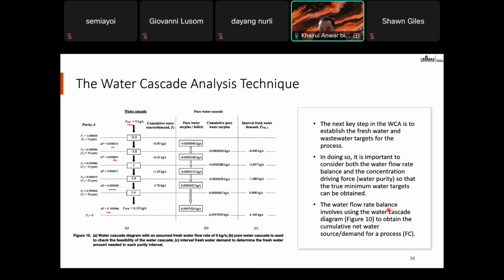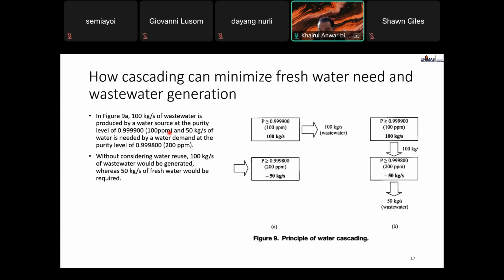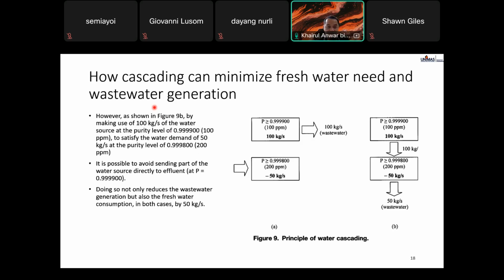The water flow rate balance involves using the water cascade diagram to obtain the cumulative net water source or demand for a process. This is C. Last week, I explained why we need to do this: to reduce the amount of wastewater generated and to reduce freshwater use.